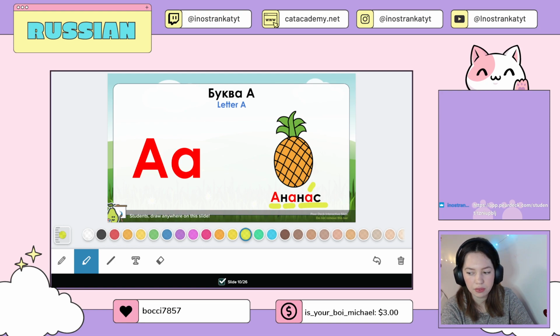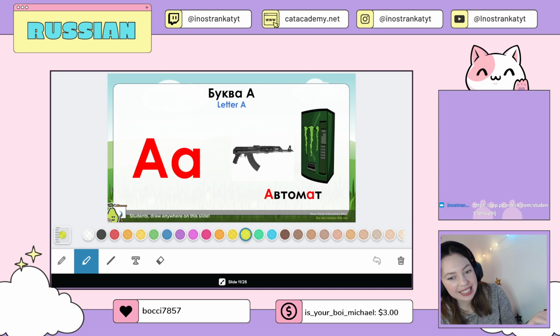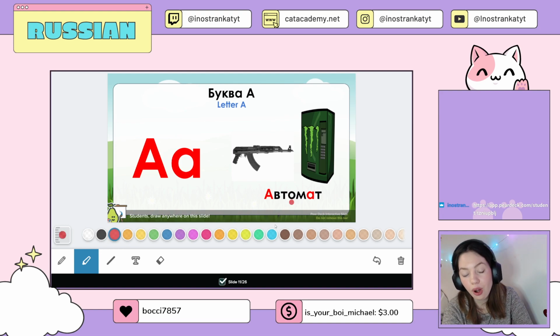Next one. Remember, listen and repeat. Слушай и повторяй. What is this? Who can guess? Who can tell me? Basically, we know that here the red letters are A. And today we learned vowels, so we know that this one is O. And M and T are exactly the same as in English.